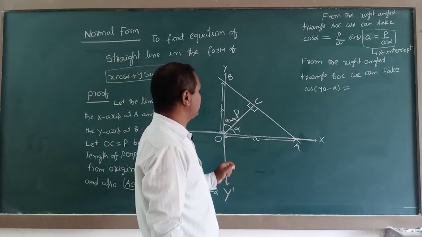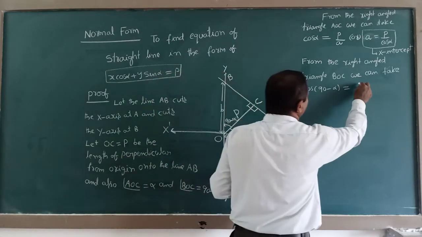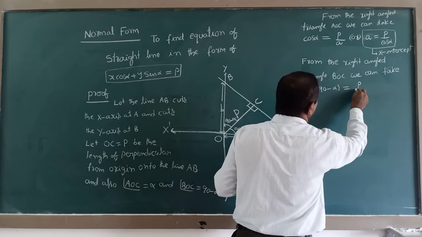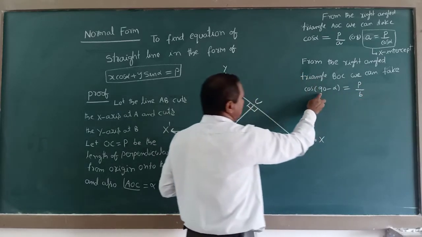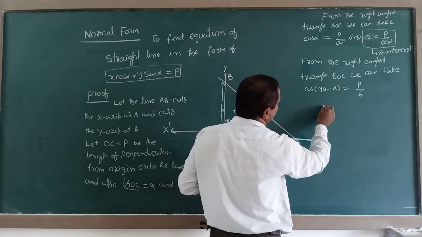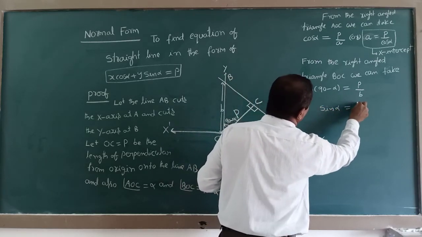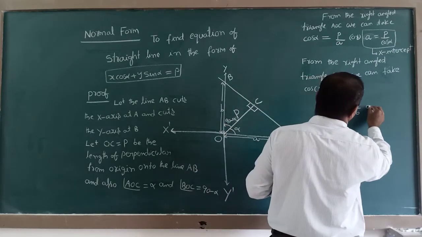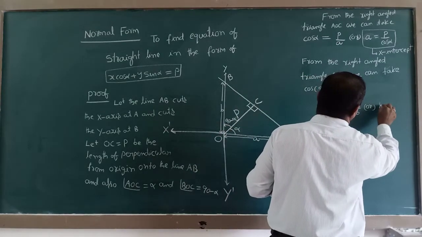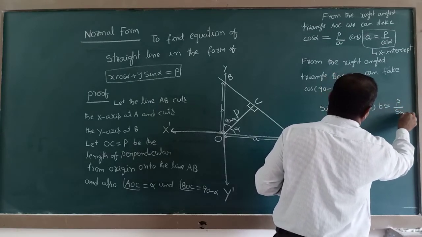According to the definition of cosine function, adjacent is p divided by hypotenuse b. Cos of 90 minus alpha changes to sine alpha, that is sine alpha is equal to p by b, or from this we can take b is equal to p by sine alpha.